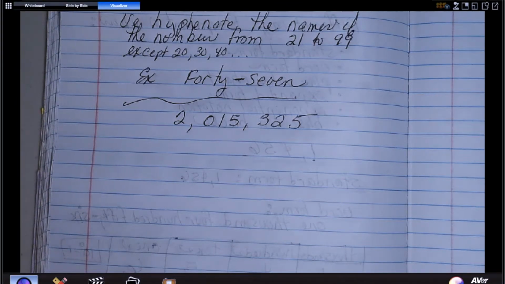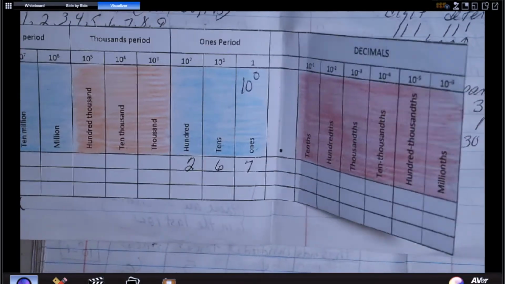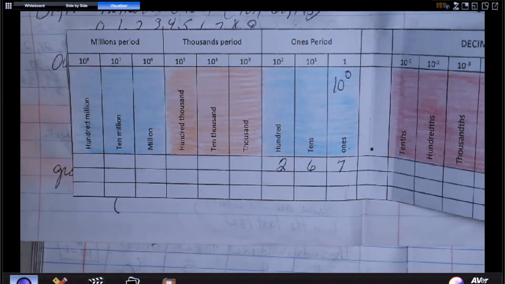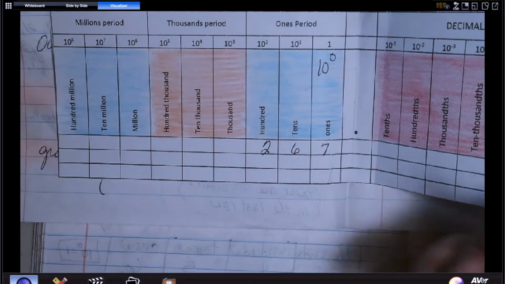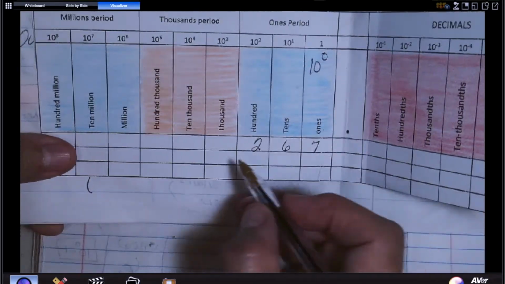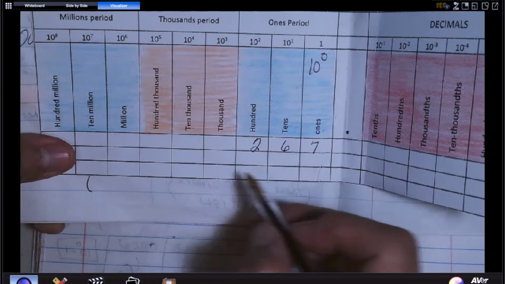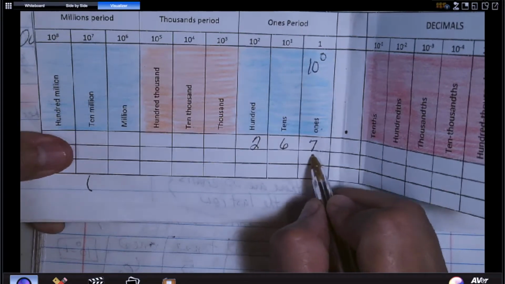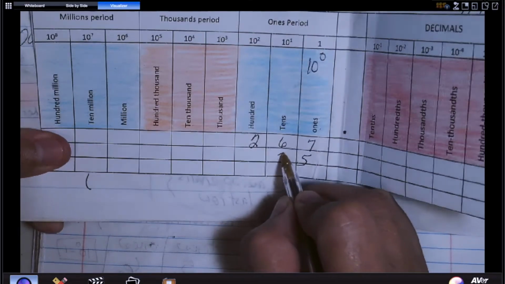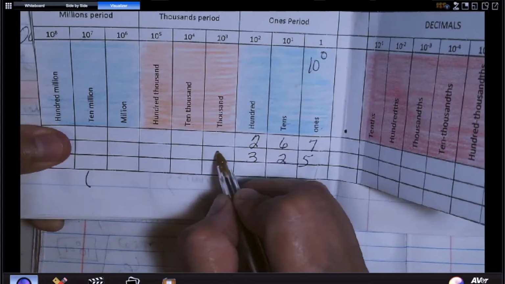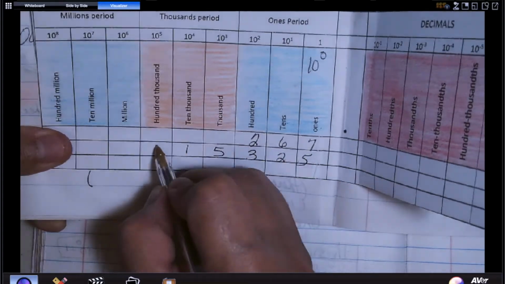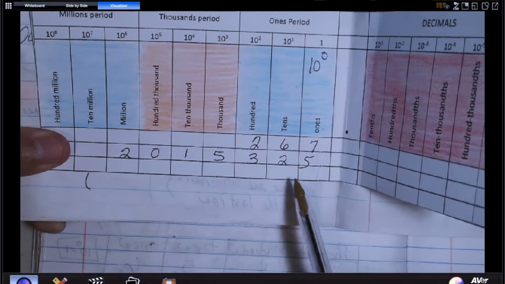We are going to create a place value chart to help us read and write some numerals. So if I were to write this out, let's see, starting maybe here on the back.